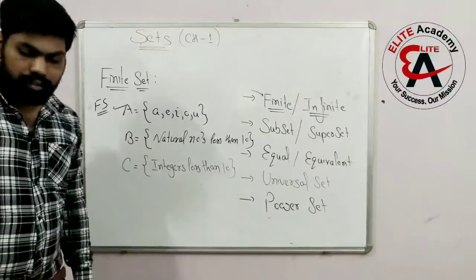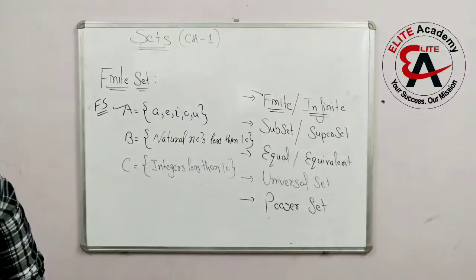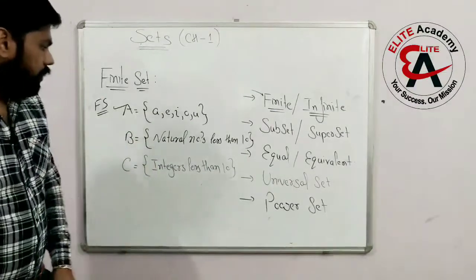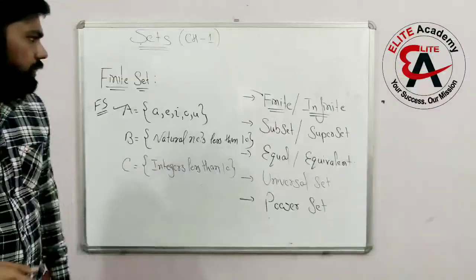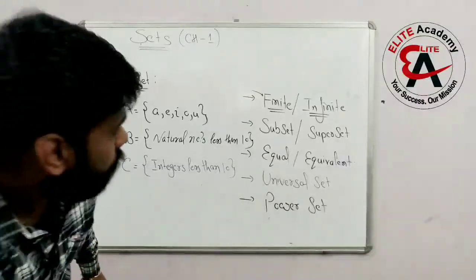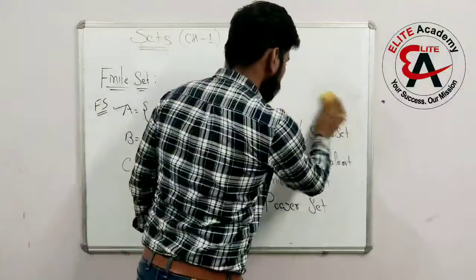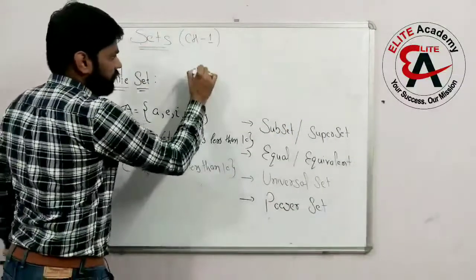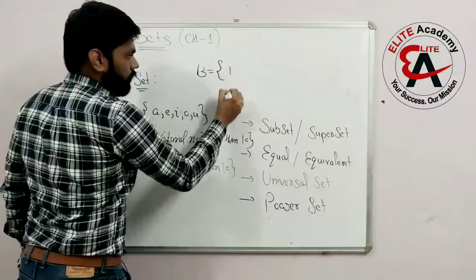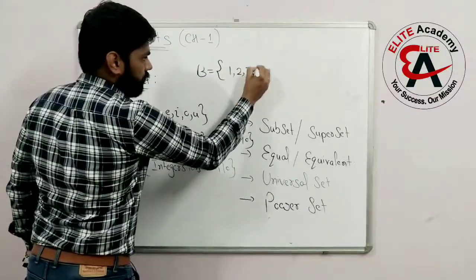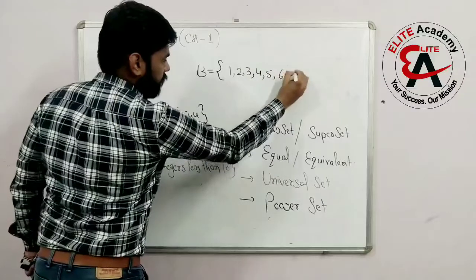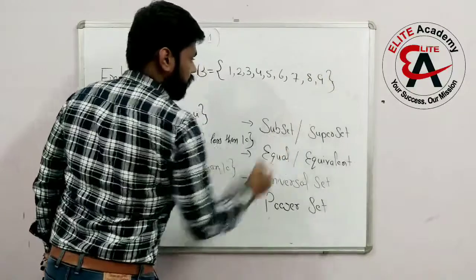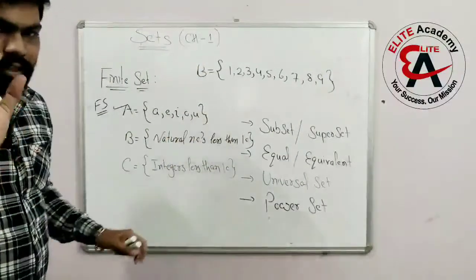If I talk about the second, what is that? Natural numbers less than 10. Just go through that. If we talk about natural numbers, where do they start? 1. So if I have to write the elements of the set, how can I write? 1, 2, 3, 4, 5, 6, 7, 8, 9, up to that only, because it is less than 10, so we don't count 10.